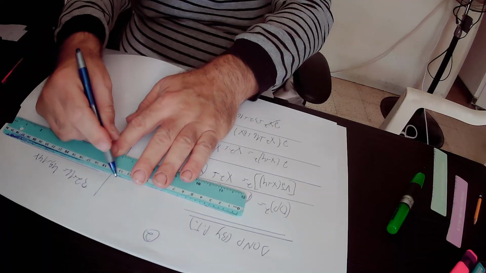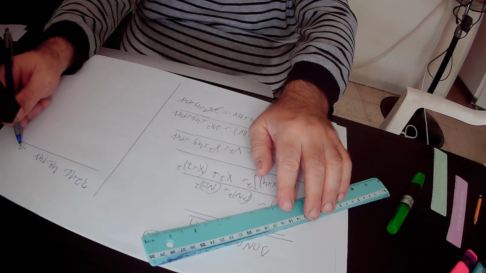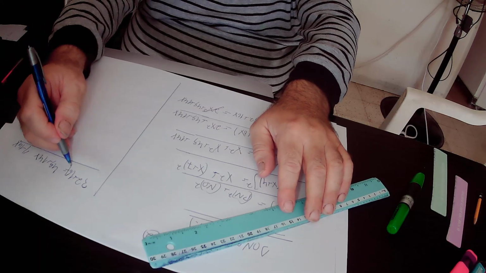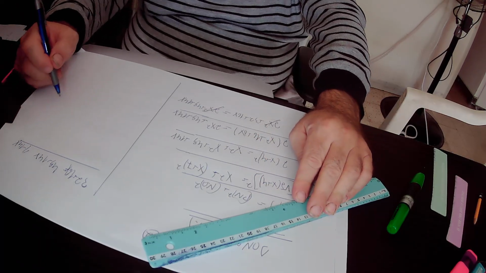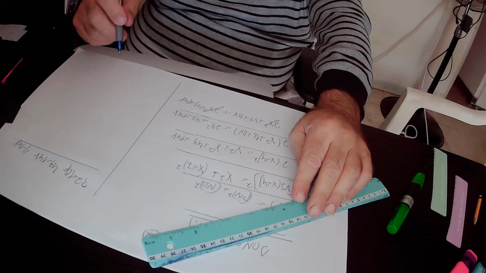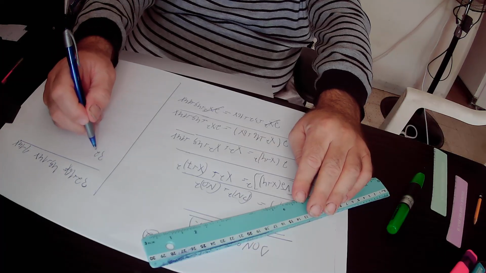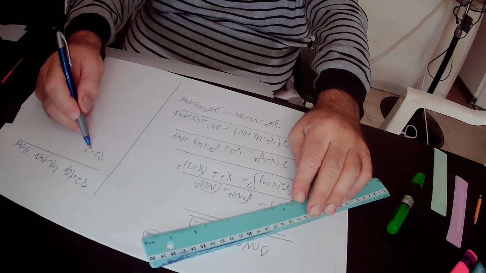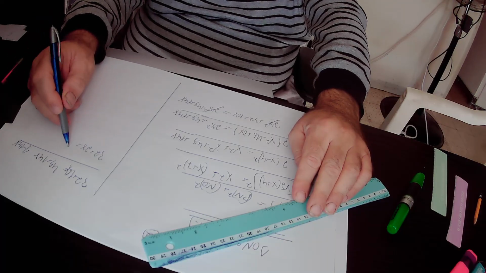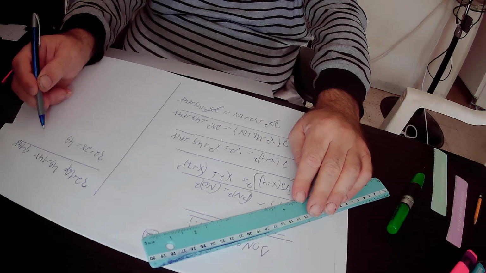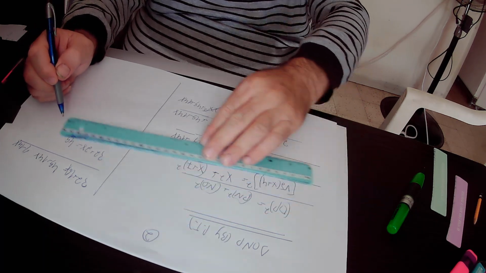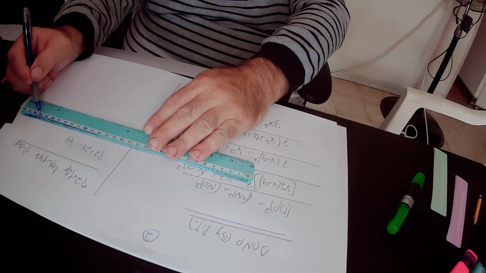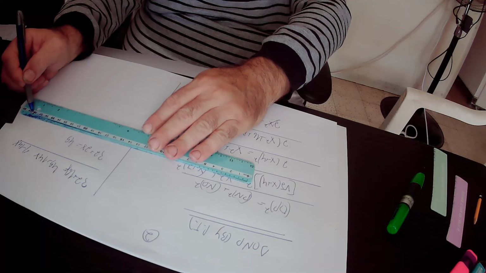Here we will subtract 14x from this equation. We get that 16x minus 14x is 2x, so we have 32 plus 2x equals 49. 14x minus 14x is 0.